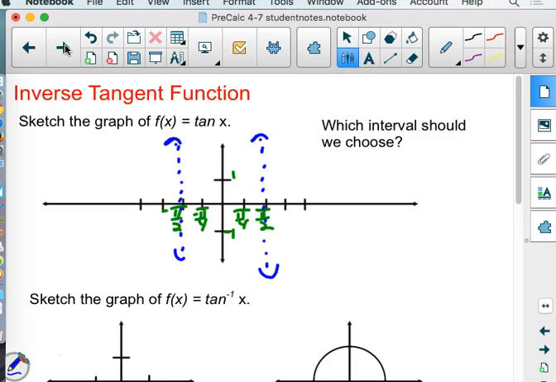Tangent would be opposite over adjacent, so it would be 1 over 1, and yeah, this would give us a negative 1. What else? 0, 0. I heard somebody very lightly. What else? Pi over 4, 1. And there are asymptotes, and we knew that it was always increasing.